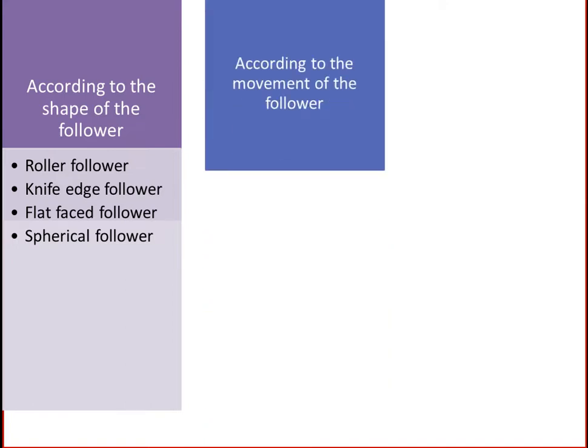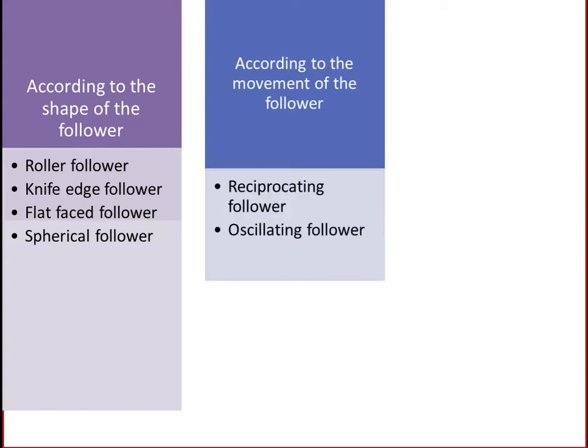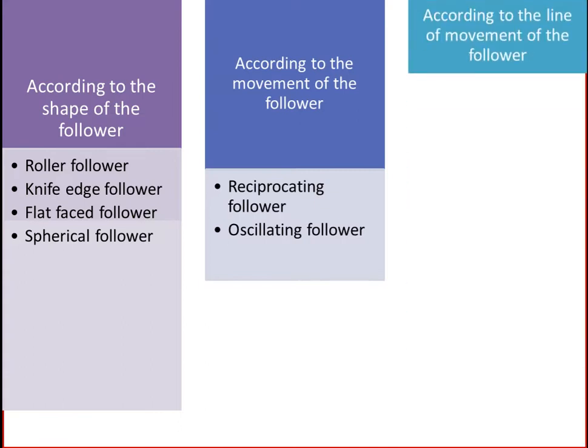Next classification is according to the movement of the follower, which is subdivided into reciprocating follower and oscillating follower. And the last type is according to the line of movement of the follower, which is subdivided into radial follower and offset follower. We will see each in detail.